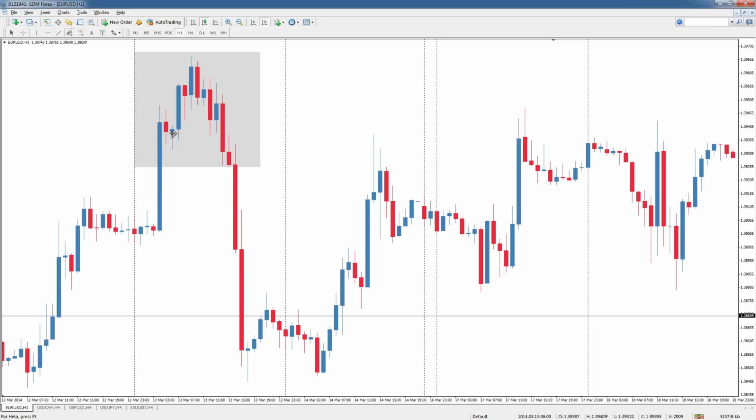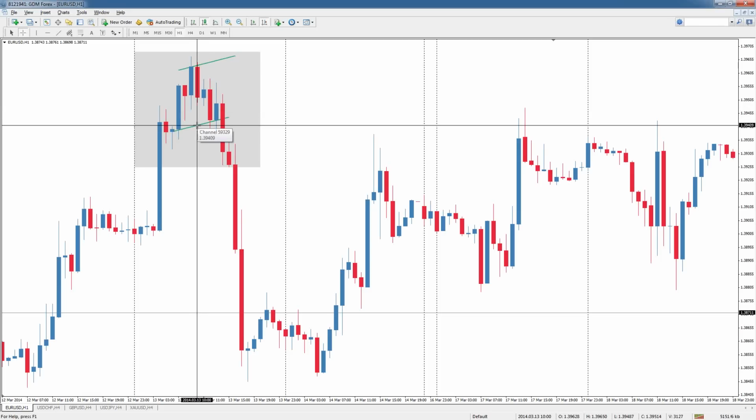So the neckline should be right up here. I'm using the equidistant channel again, so it's going to draw up a perfectly parallel line to the neckline, which I'm going to place on what I consider to be the head of this head and shoulder formation. Now let's use the crosshair and measure the distance between the two green lines.